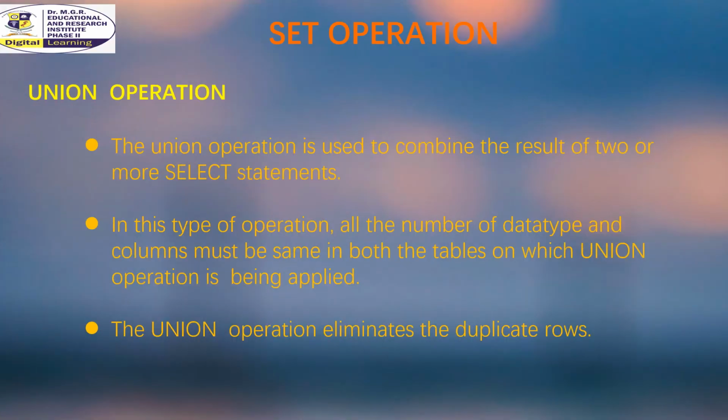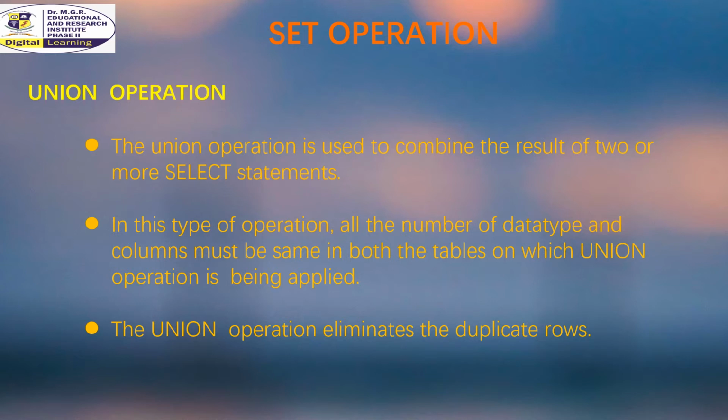Now we will see about the union operation. The union operation is used to combine the results of two or more select statements. That means we can use the union operation to combine two or more tables.